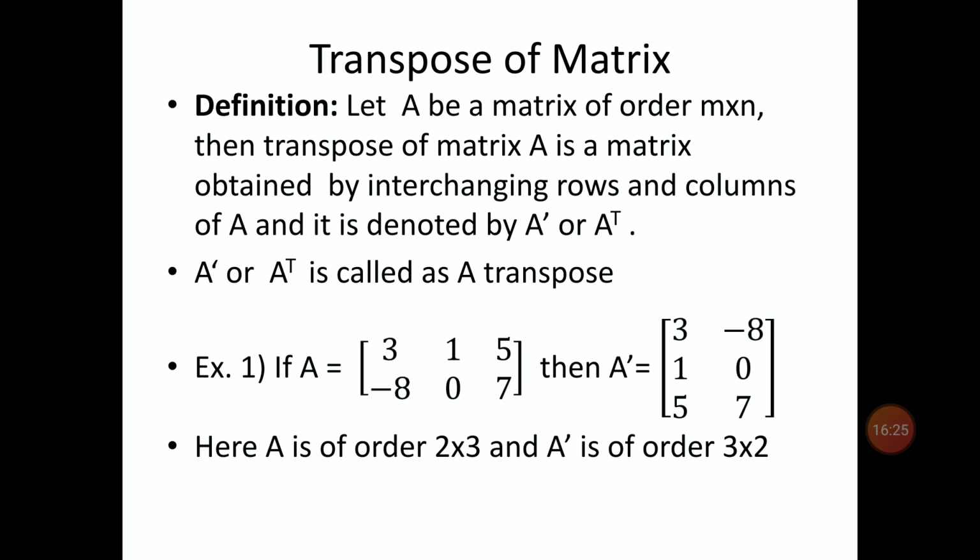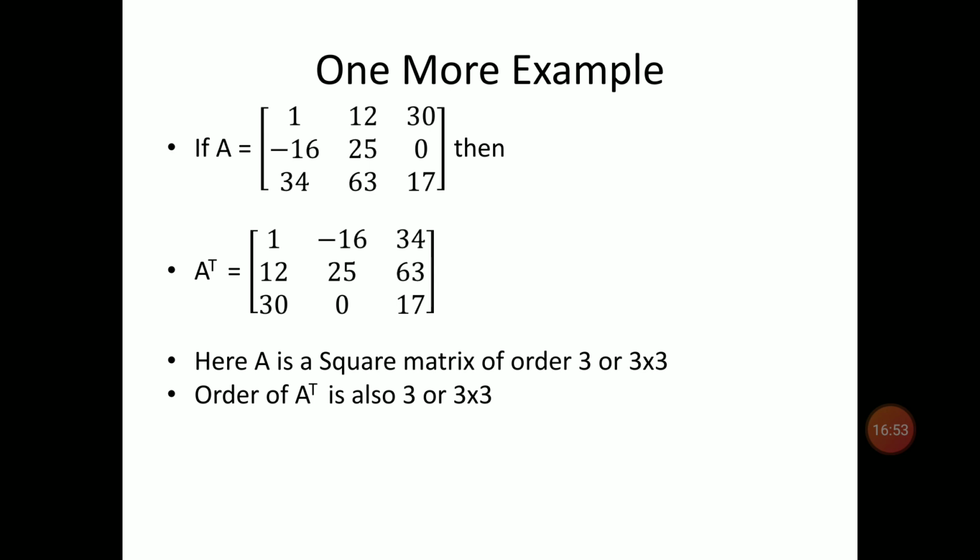So in A transpose, the first column is 3, 1, 5. You can observe that it is the first row in A, and the second column is -8, 0, 7, which is the second row in the matrix A. So if A is of order 2 by 3, then A dash is of order 3 by 2, because here we interchange rows and columns.